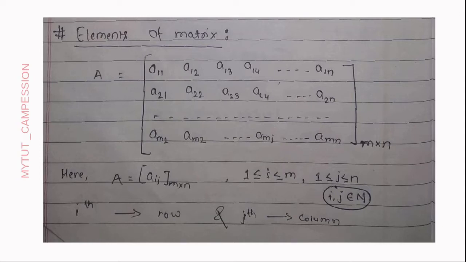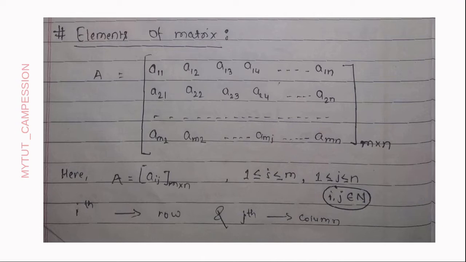In this way, here there are m rows. am1 is the element in the mth row and first column. Similarly am2 is the element in the mth row and second column. In this way amj means the element in the mth row and jth column. Now amn is the element in the mth row and nth column. So here is a matrix of m cross n.